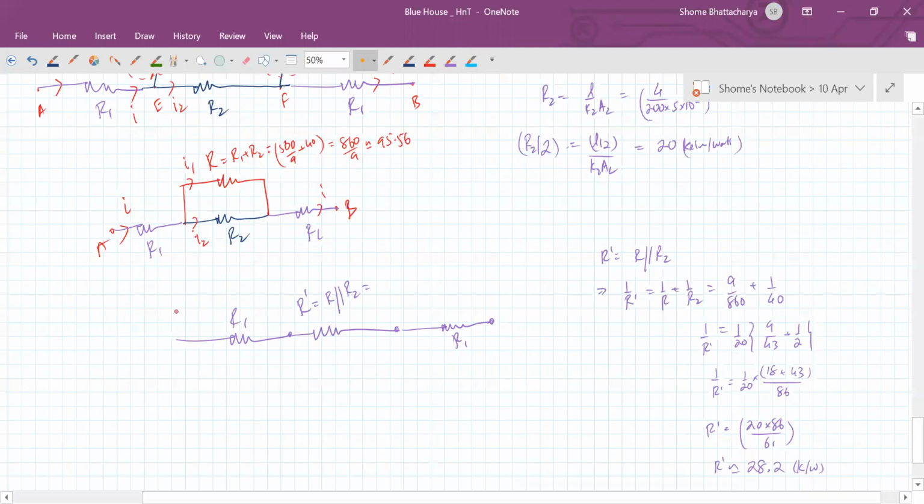Okay. So now finally, the equivalent resistance here would be R1 plus R prime plus R1. Okay.